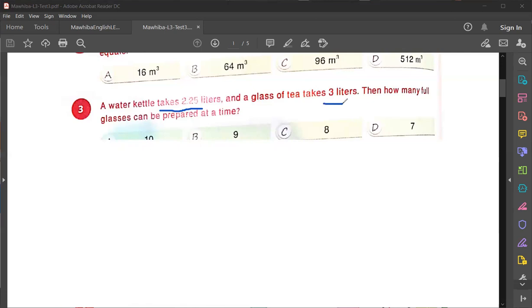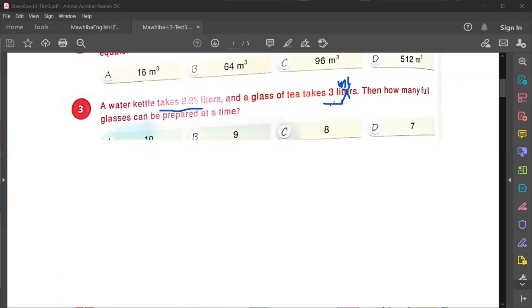Not 3 liters here. I think milliliters here, because a kettle is greater than a glass. So here not liters, so milliliters.